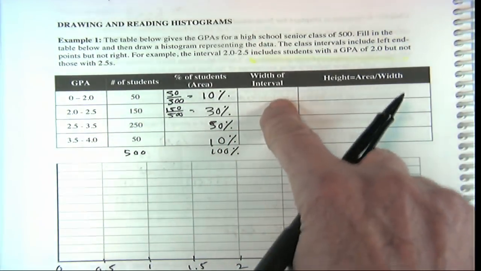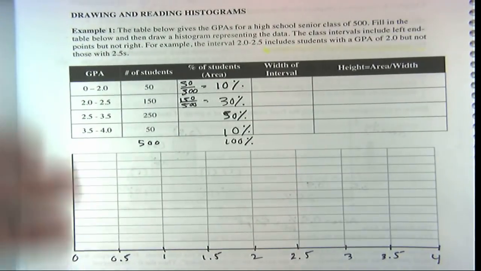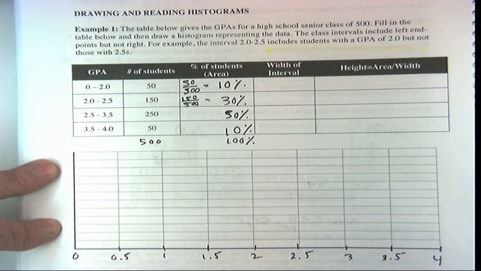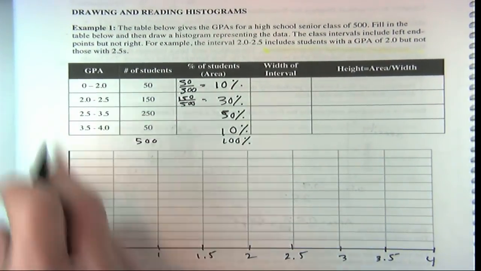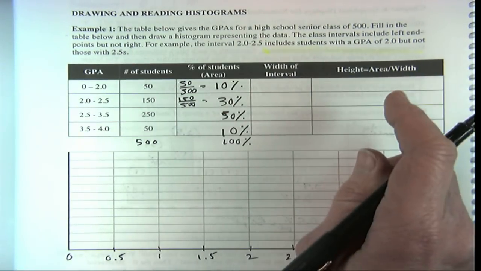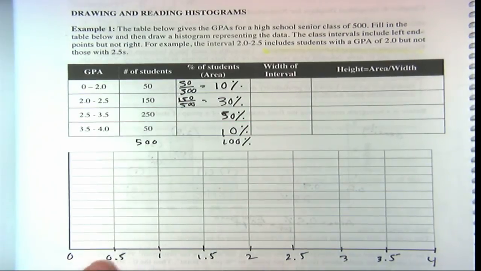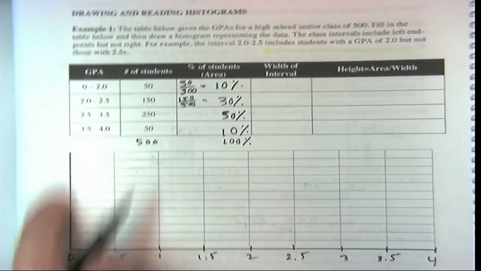And now, the width of the interval. Well, that's going to depend on what axis we want to do. We could do percent per point. We could do percent per tenth of a point. We could do percent per half a point. We could make this whatever we want.